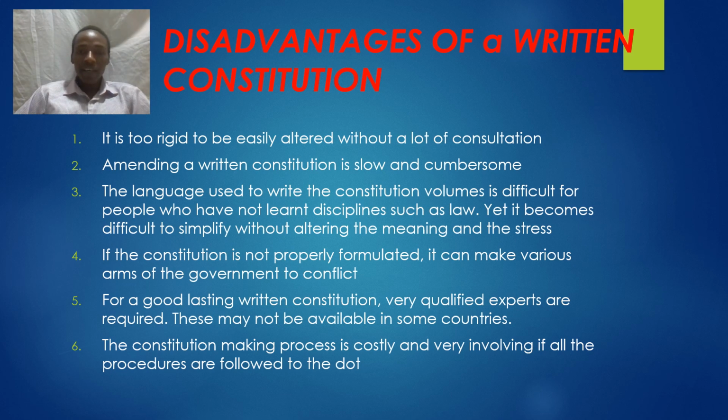The fourth disadvantage is that if the constitution is not properly formulated, it can make various arms of the government conflict. That is why a constitution spells out very clearly each arm of the government's functions and how each should relate with the others.